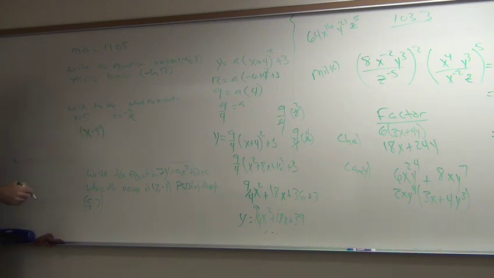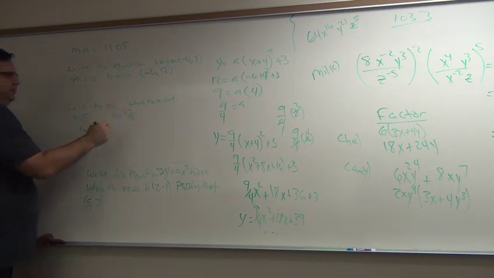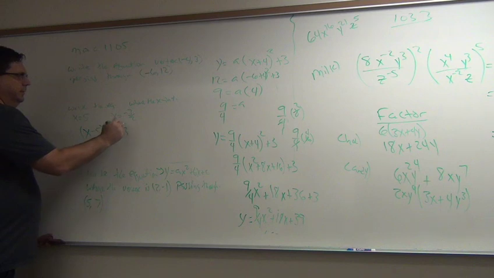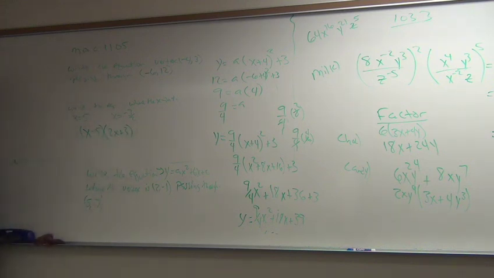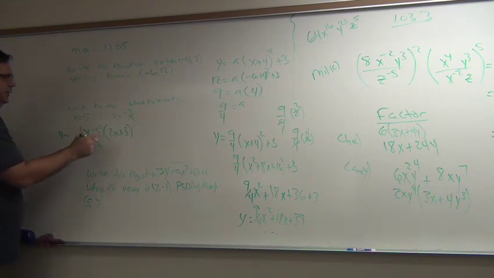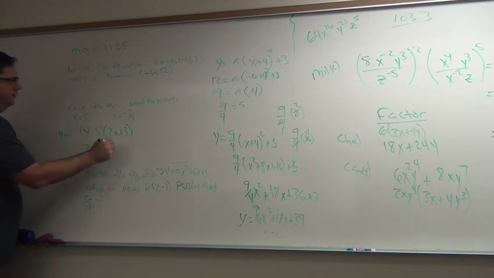Yes. This piece would have to be 2x plus 3. Do we agree? Yeah. Because if we're solving backwards, right? So this has got to be y equals, yeah? Produces the final equation of 2x squared minus 7x minus 15.